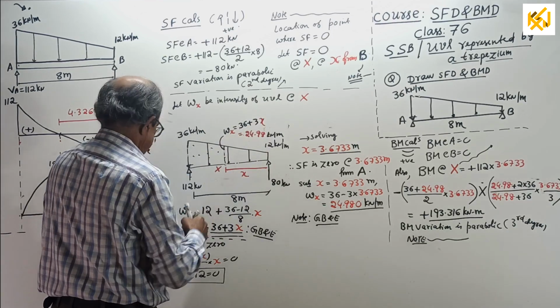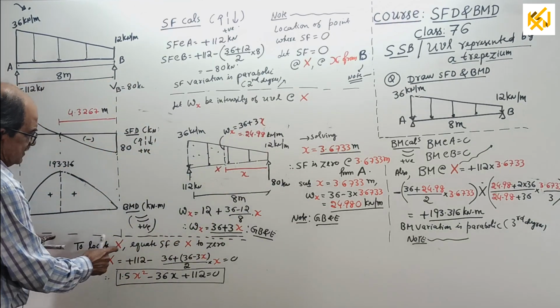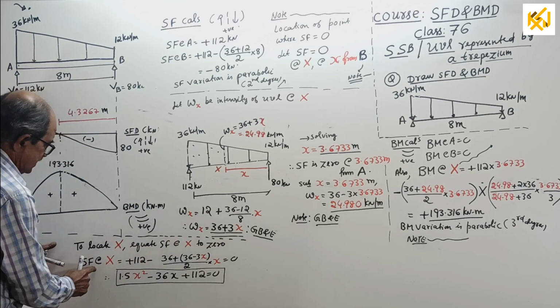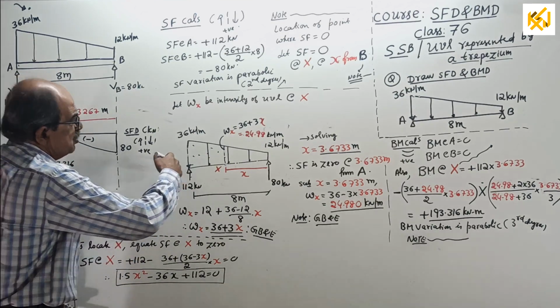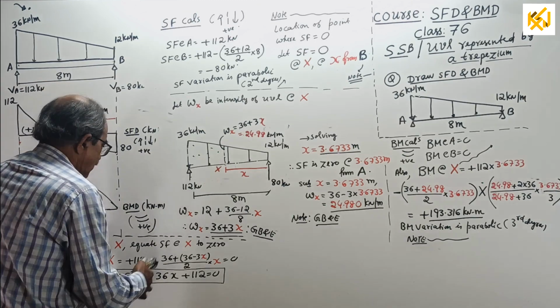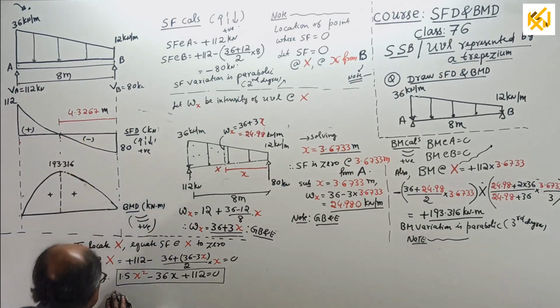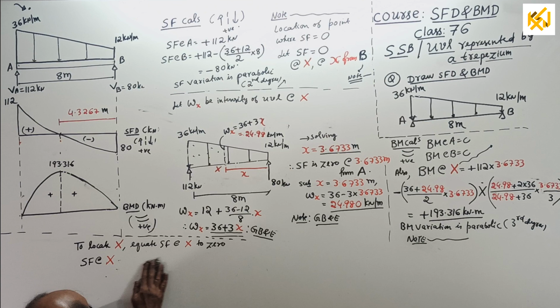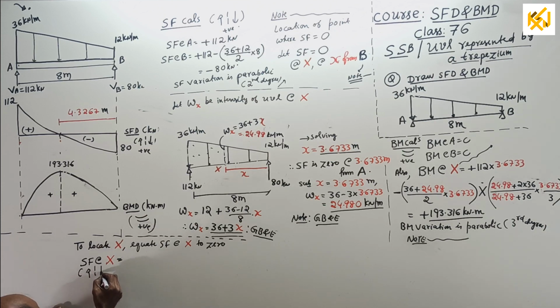Then, to locate x, equate the shear force at x to 0. For the shear force at x, you have to look at the right side now, not the left side. I will bend and write, because standing I cannot write. You can't see me, but I will explain. If you look at the right side, left up, right down is our sign convention. Right side means up is negative, down positive.